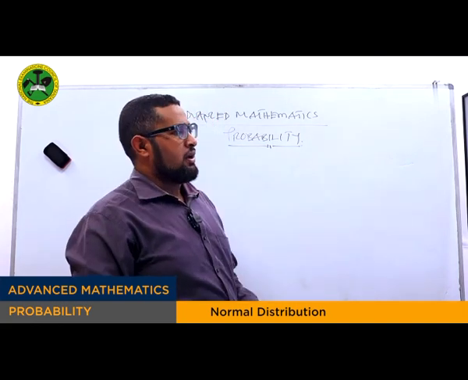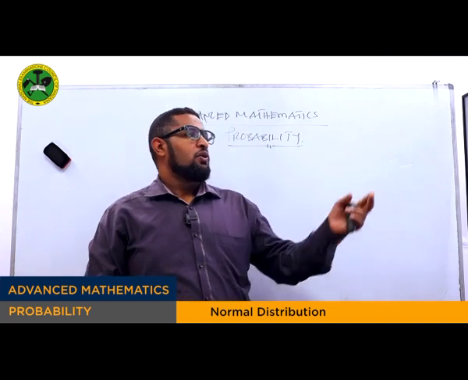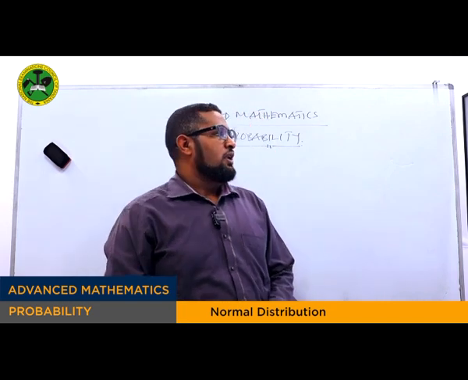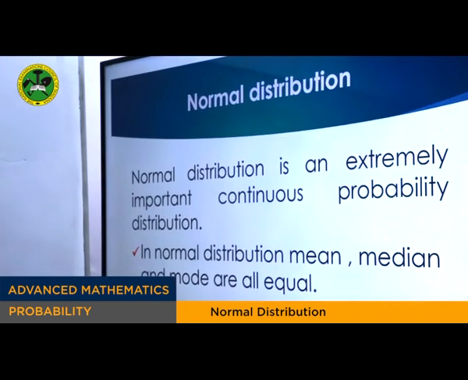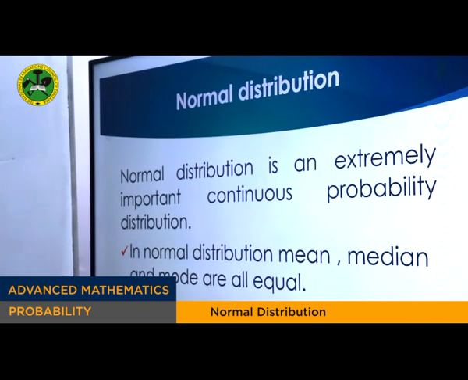If you remember, in special probability, we have the so-called normal distribution. Normal distribution is an extremely important continuous probability distribution in which the mean of the data, the median of the data, and the mode of the data are all equal.